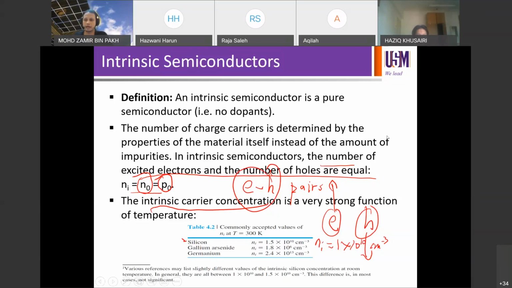For your calculation later on, for ni of silicon, it's easier for you to use 1 times 10 to the 10, because if you want to do division, it's easier to divide by 1 instead of 1.5. So your math operation will become a lot easier.